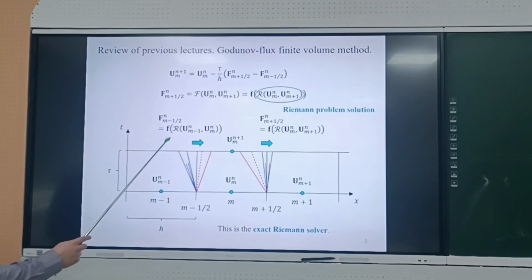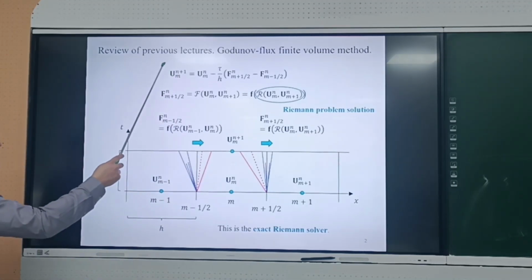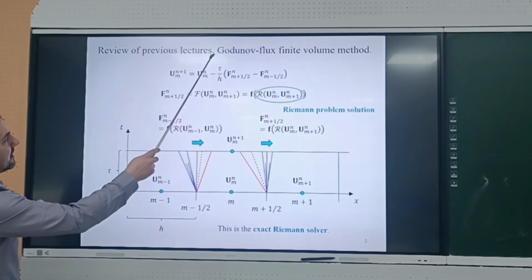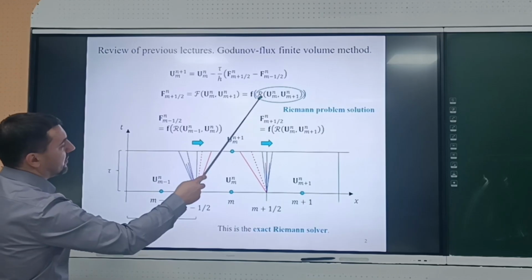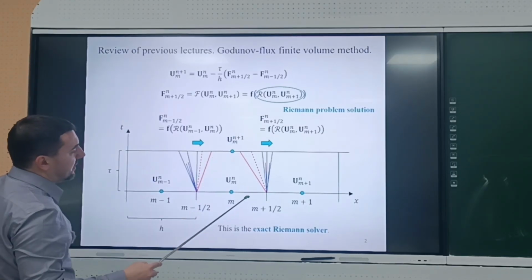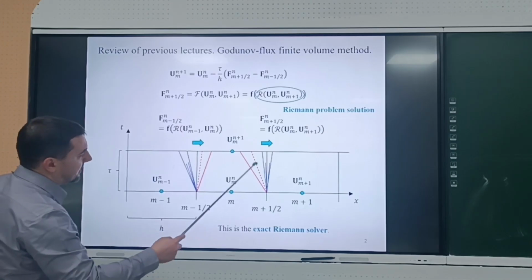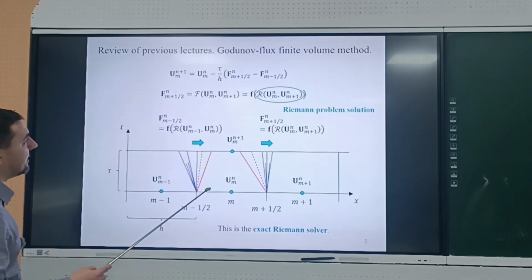This is the general formula of our finite volume method. U is the conservative variables vector, F is the numerical flux, and the numerical flux is a function of two states, to the left and to the right of the discontinuity, and the discontinuity in this context is the boundary between two neighboring cells, Mn and Mn plus 1.